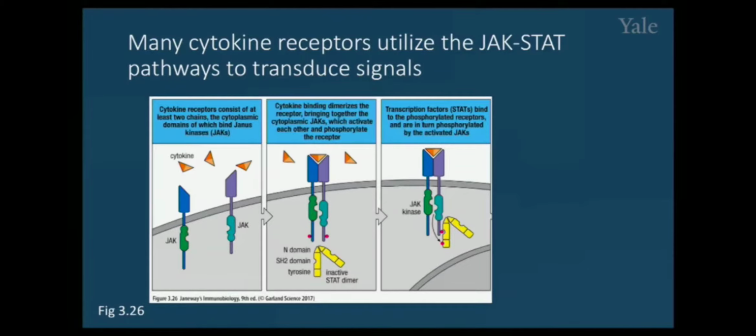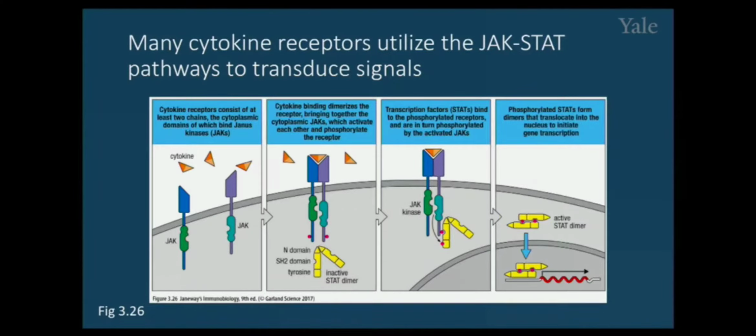Binding of the STAT transcription factor to this phosphorylated site on the receptor will change the conformation of the STAT transcription factor and allow it to dimerize with another STAT transcription factor. This STAT dimer will then translocate into the nucleus and cause the expression of different types of genes specific for the necessary response.